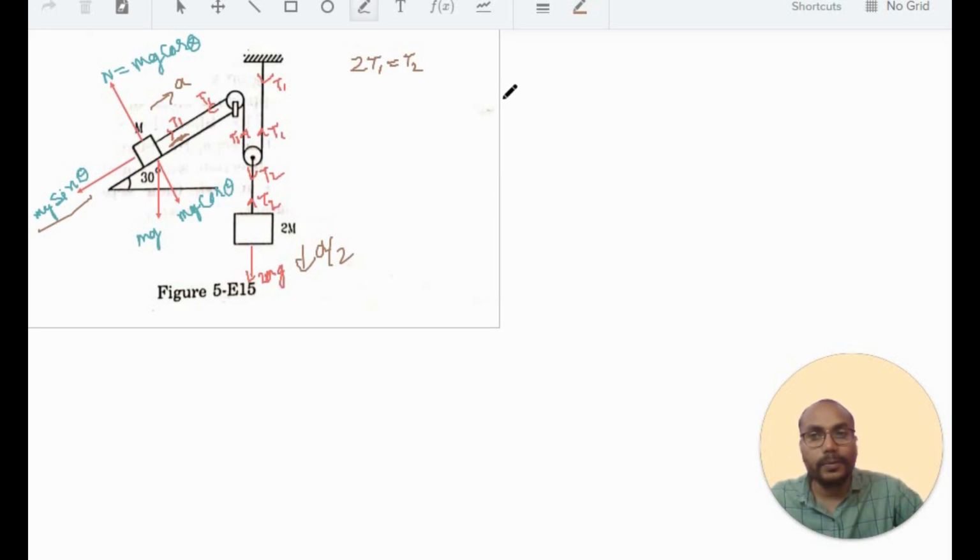So the total force along the inclined plane will be T1 minus mg sin theta, theta is 30 degrees.